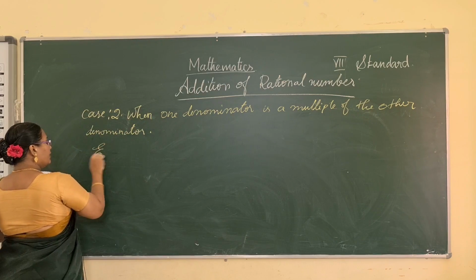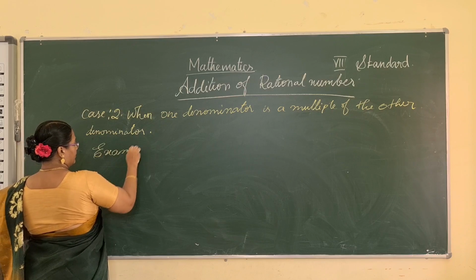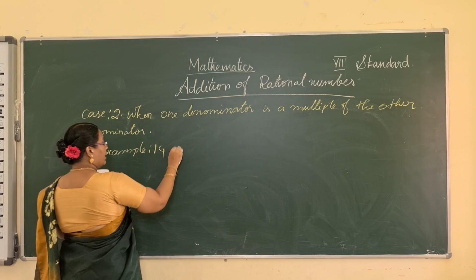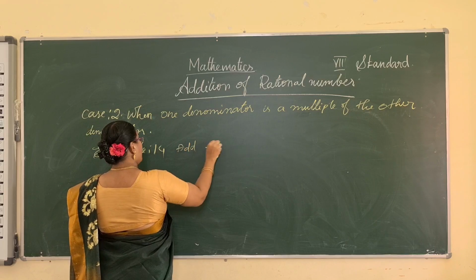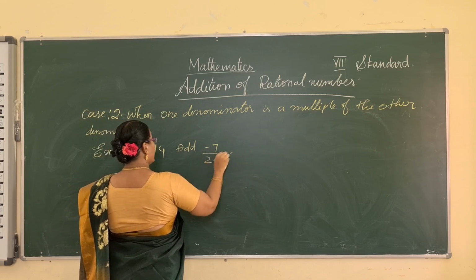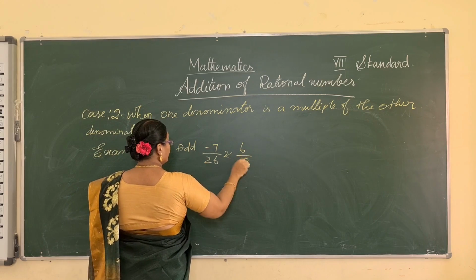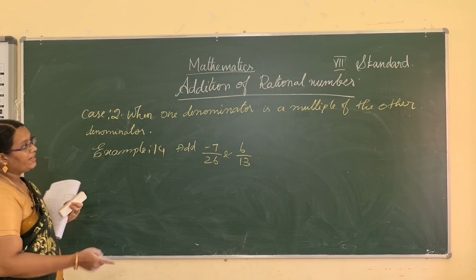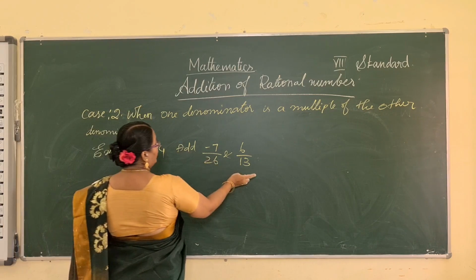See the example. Add minus 7 by 26 and 6 by 13. See the case 2, when one denominator is a multiple of the other.